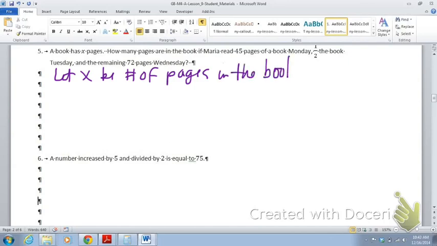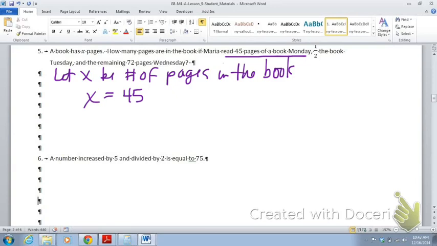And so our equation would be, let's just express this as a total because we're given this in parts. How many pages are in the book if Maria read 45 pages of a book on Monday? So she read 45 pages on Monday, so that's part of our total.